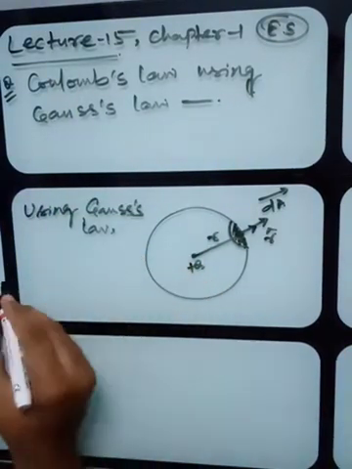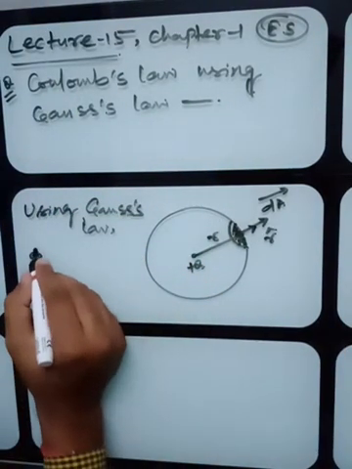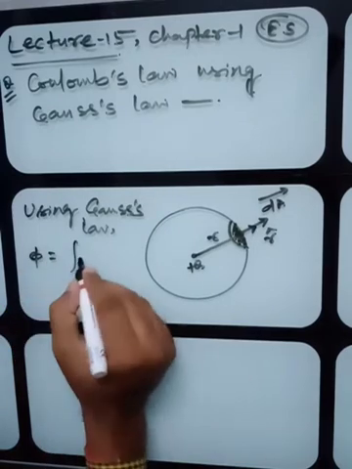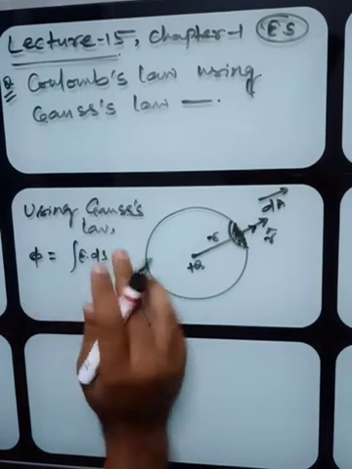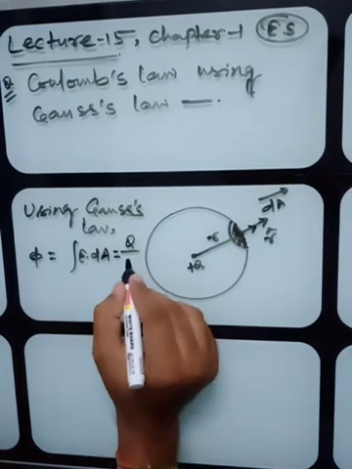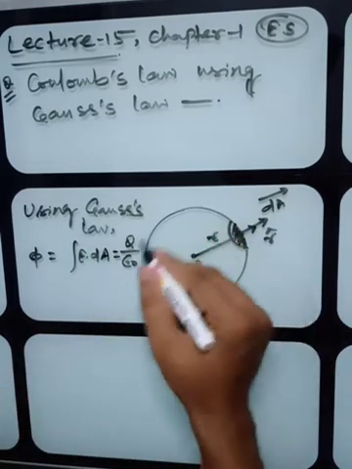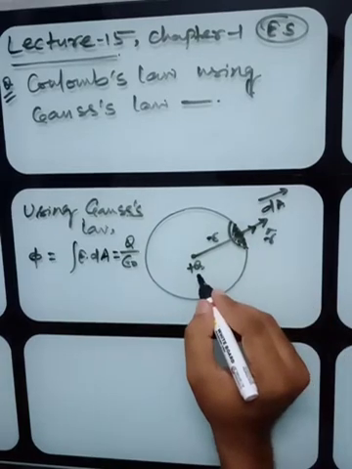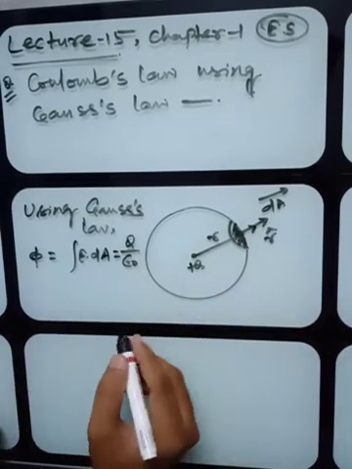According to Gauss law, phi equals the surface integral of E dot dA, which equals q by epsilon naught. How much charge is enclosed by this surface? Q. So q enclosed by epsilon naught.